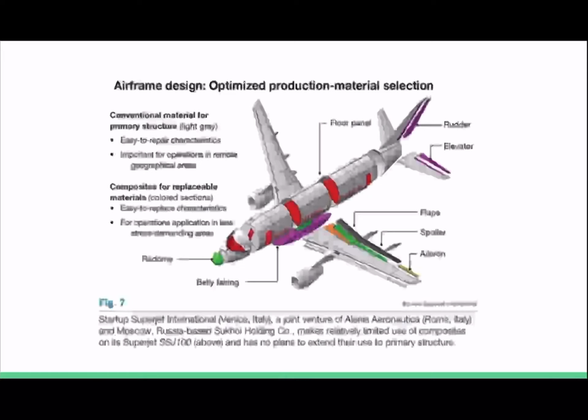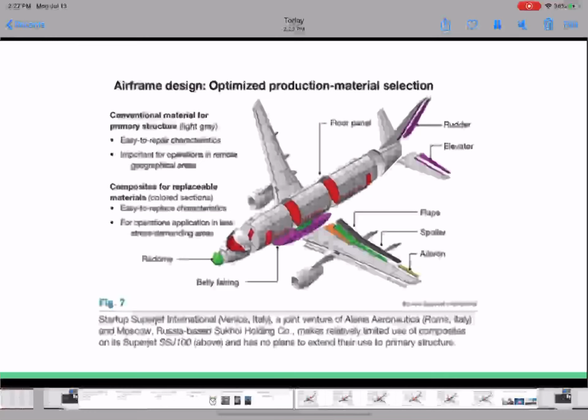But I don't see a lot of students really using this. For instance, if you wanted to do a speech on planes, like this layout shows here, like figure 7 shows, you could start off talking about the belly fairing, which is on the left-hand side of the plane, and then the flaps, which is in the middle, and then all the way moving to the right-hand side, maybe the rudder or the elevator.